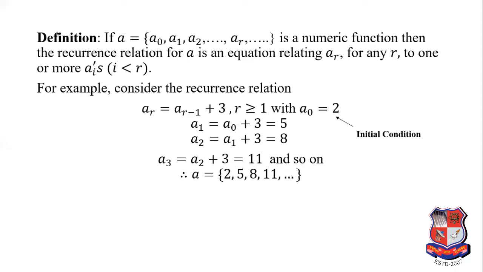By substituting the value of A0 equal to 2, we'll get A1 as 5. Similarly, we can evaluate the values of A2, A3 and so on. So we'll get A as a sequence 2, 5, 8, 11 and so on.